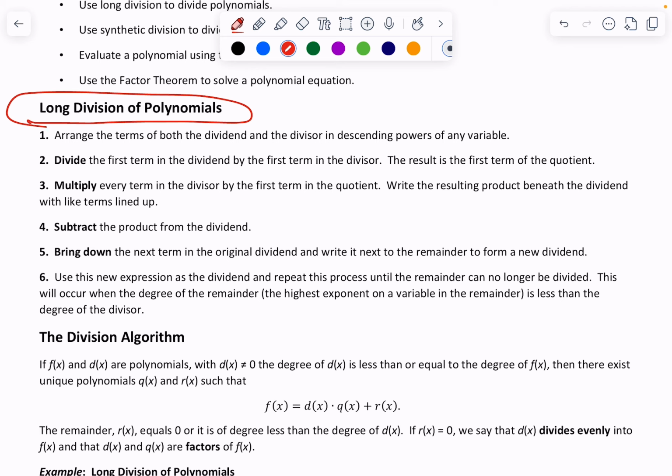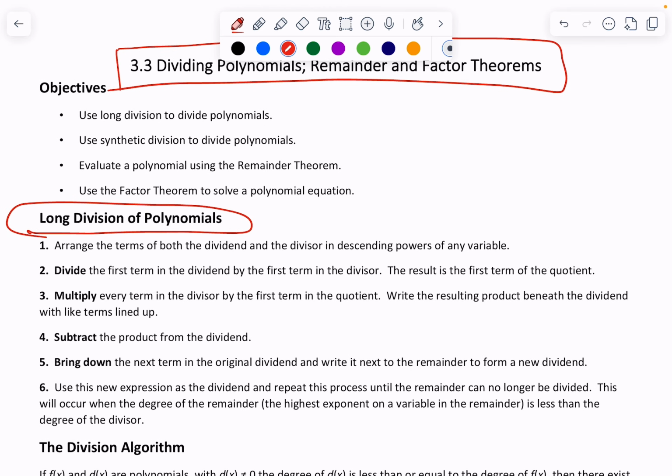Now, before we actually do that, we're going to remind ourselves how we do a long division with numbers. So for example, if I have 2,354, and I am dividing this by 6.